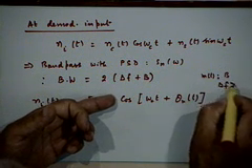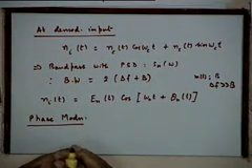Typically delta f is much greater than B, right?